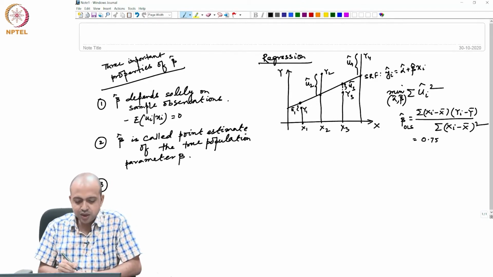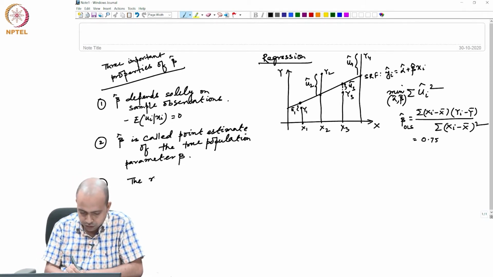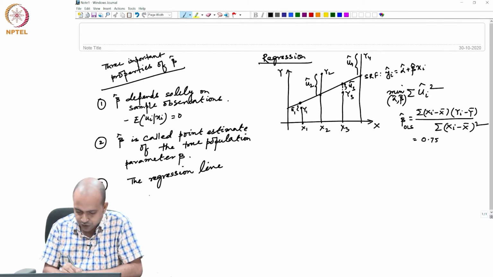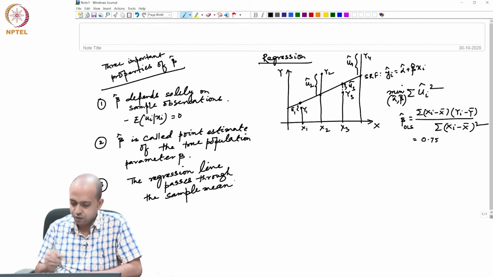And property number 3 says that the regression line passes through the sample mean. What does it mean?